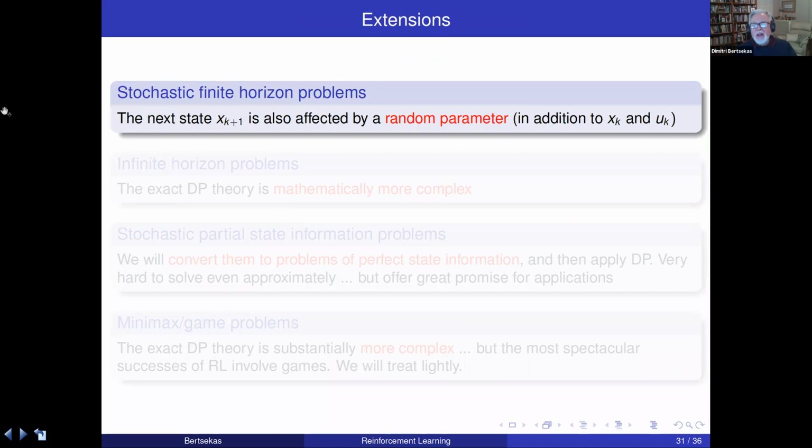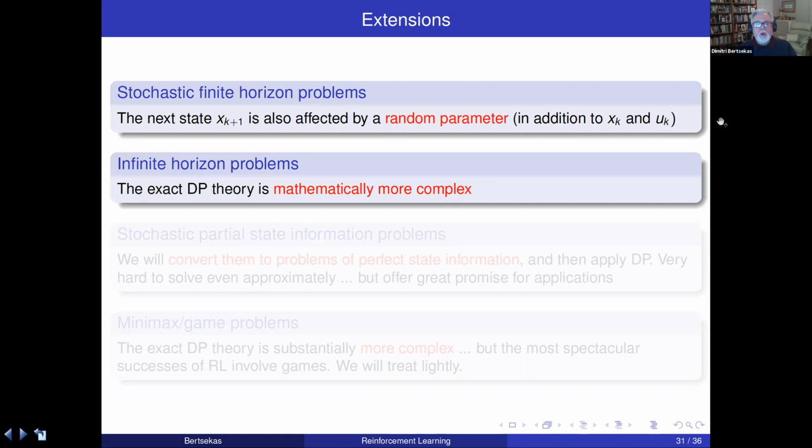So now we talked about finite state deterministic problems. It's possible to consider stochastic problems, where the next state is affected by a random parameter in addition to xk and uk. We talked about how we can extend to infinite horizon problems, where there's an infinite number of stages.